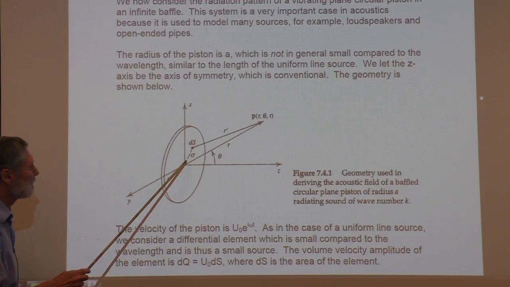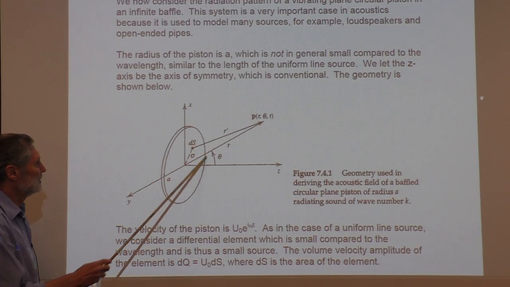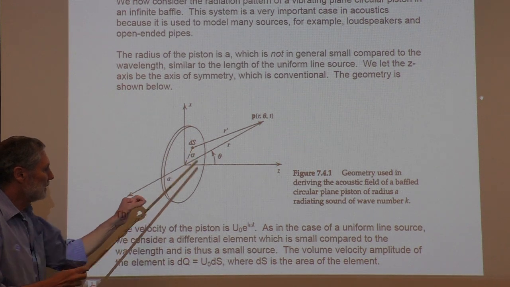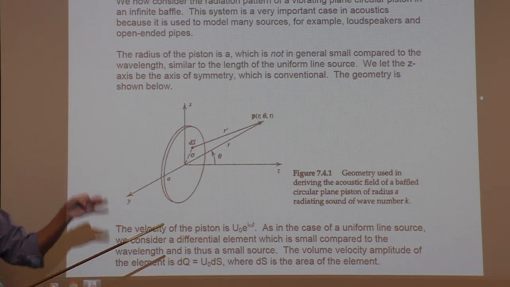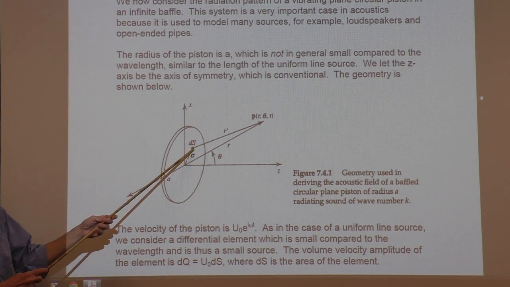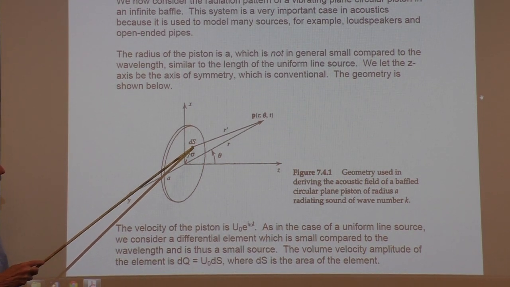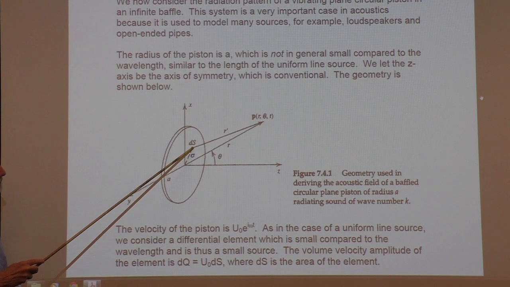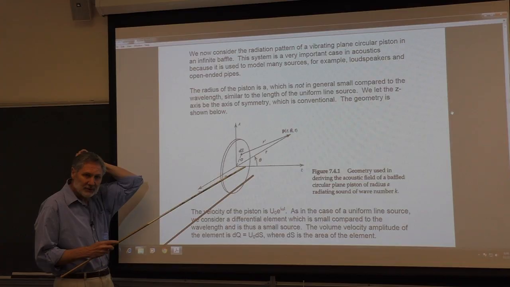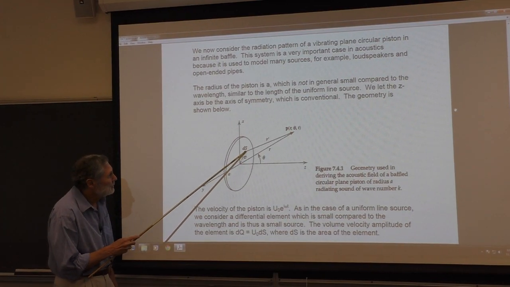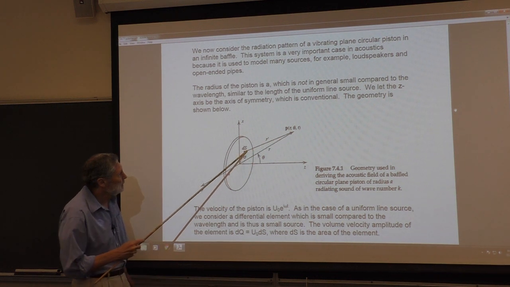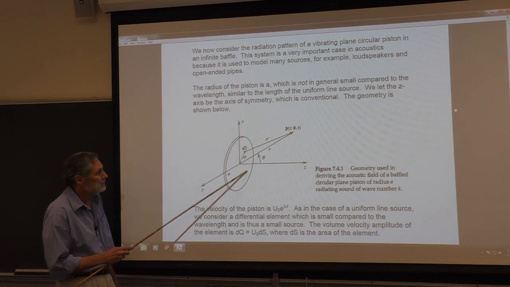Well, the entire source is not necessarily a small source, but if I look at a little element of area there that's moving, that is a simple source or a small source. So I know that there's going to be an isotropic radiation field due to that source. And we have formulas that can handle that. That little source will be some distance r prime, and we're going to have to integrate over all these sources.